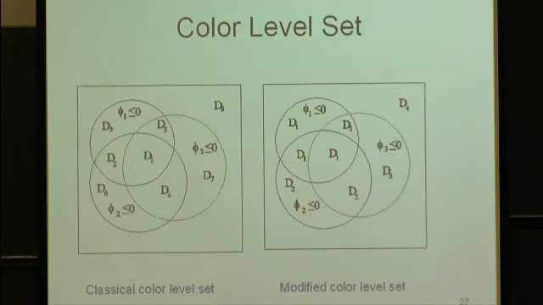Now, applying the level set technique to this more complicated example, of course, it's not just two different regions. So you have to do something more complicated, more complex. What we are doing is using something like a color level set technique. And maybe I show this to you. So I showed you the level set idea in principle for two different regions.